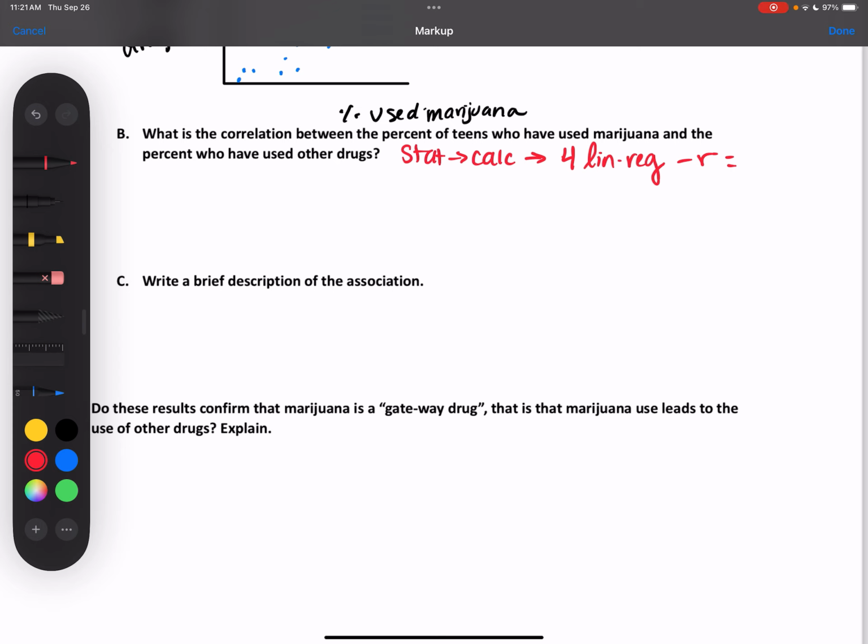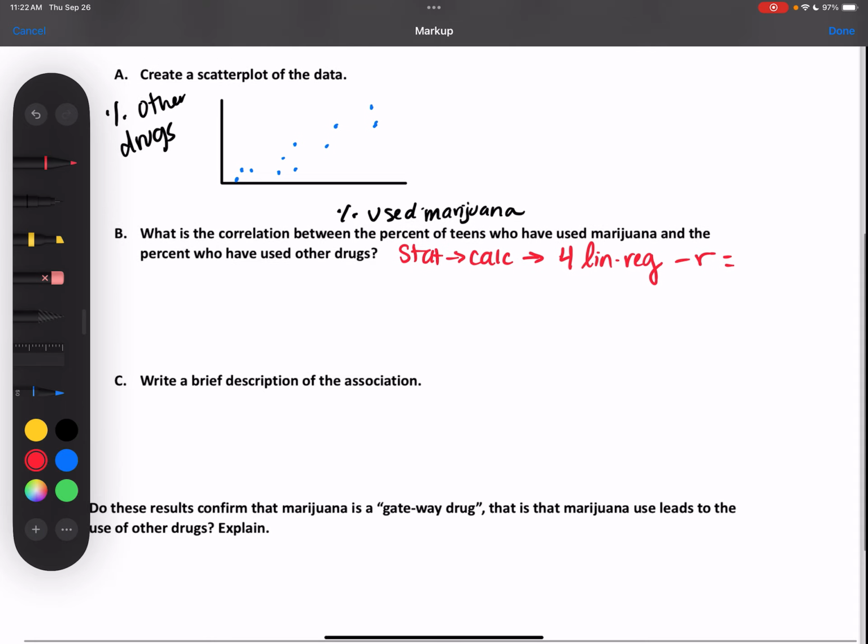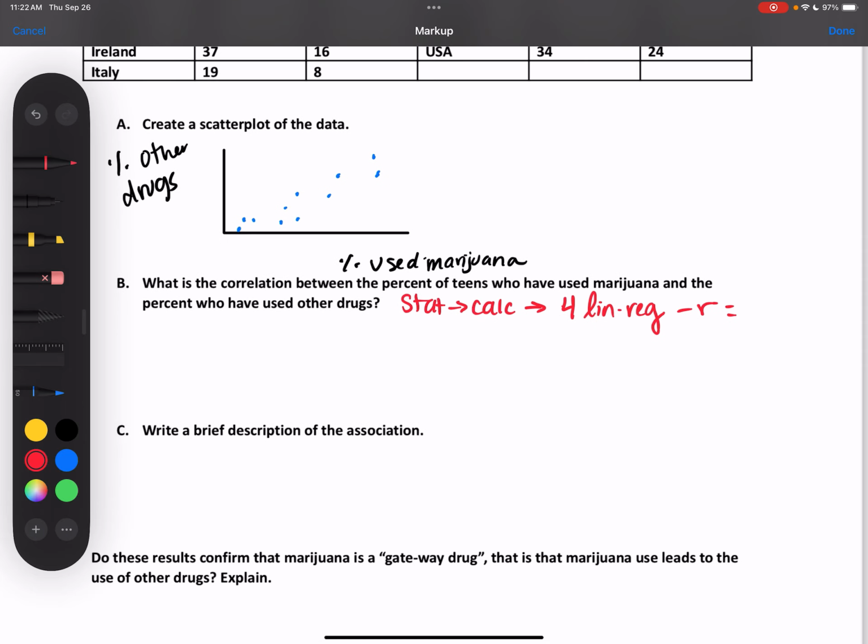Okay, that means my graph's a little off. This point. Actually over here. Oops, wrong color. That point's actually like right there. Okay. Then let me go back and rerun this now because I had a number wrong.